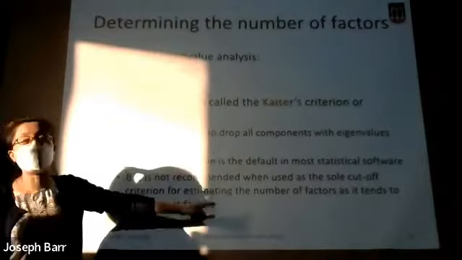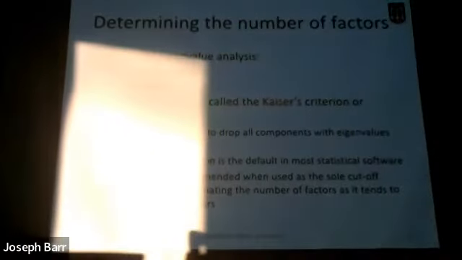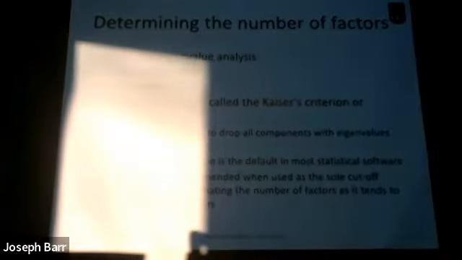So this method is called Kaiser's rule, or Kaiser's criterion. It's very simple, and it's very, very popular. Maybe it's the most popular way to decide the K, and by default, in most software, they just use this method. We just drop all components with eigenvalues less than 1.